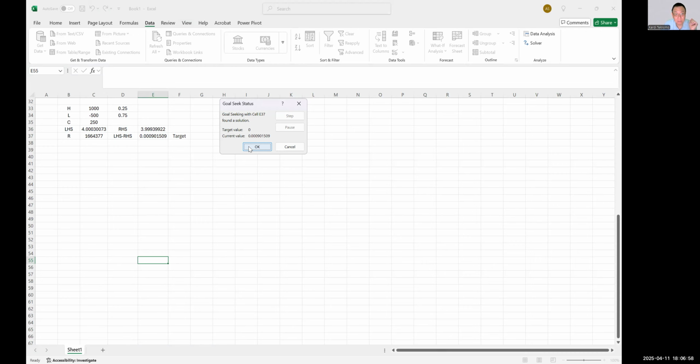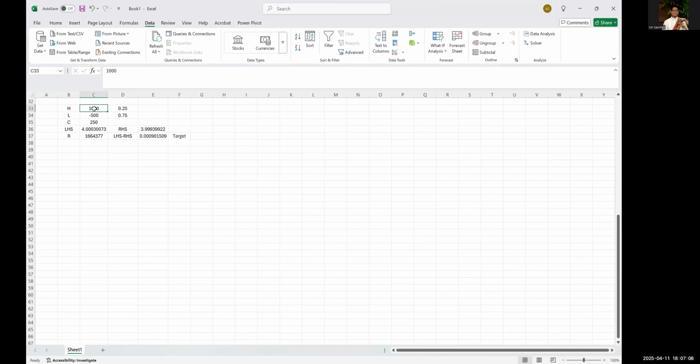That's why we need to set these values into 0 and 1. So we normalize H, L, and C. Correct. So if we use it, the 1,000 becomes 1, right?